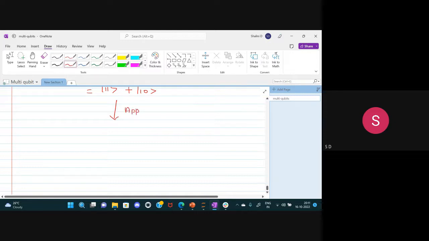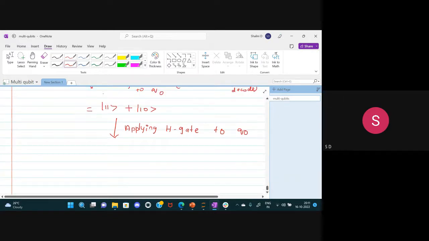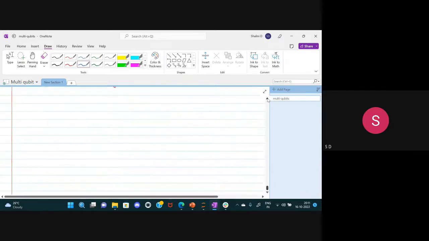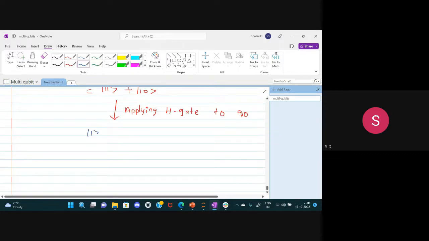Now we are applying H gate to Q0. Okay. So here it is Q1, Q0, Q1, Q0. You can write it in tensor product. You're applying Hadamard gate to Q0 plus 1 tensor product, we're applying Hadamard gate to Q0.